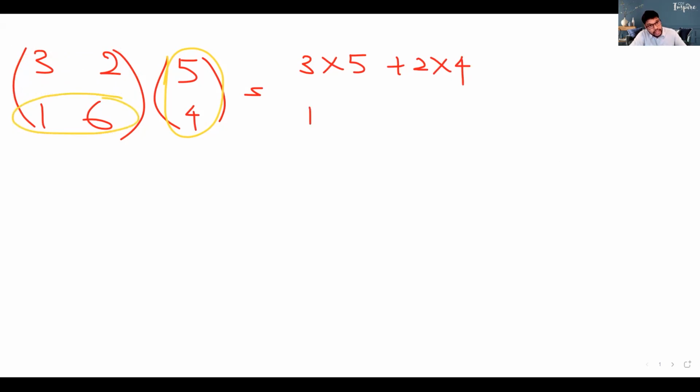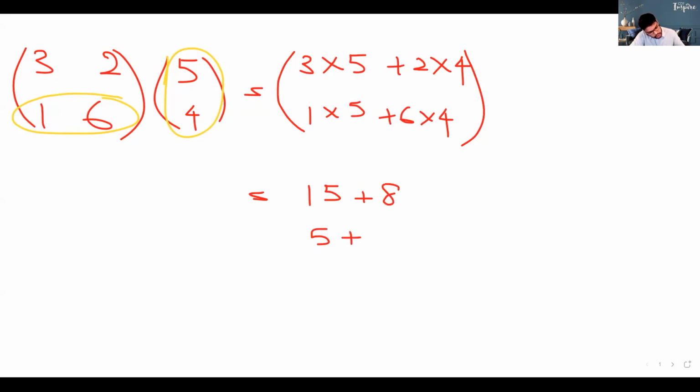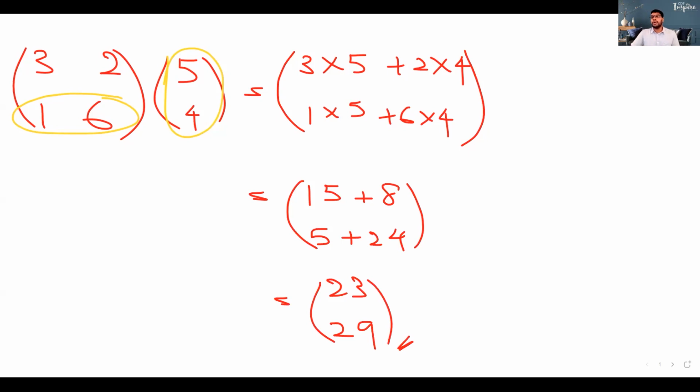So that is 1 times 5 plus 6 times 4. Okay, so 3 times 5 is 15 plus 8 and 5 plus 24, right? So this gives us 23, 29. That is the multiplication of these two matrices.